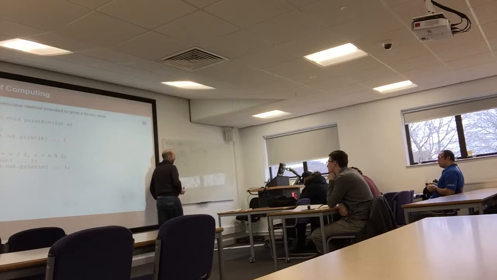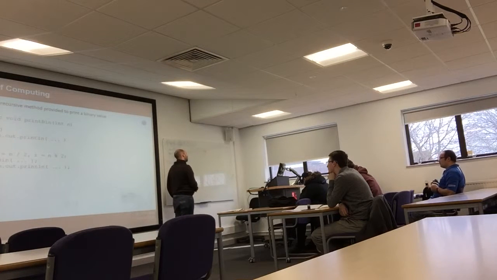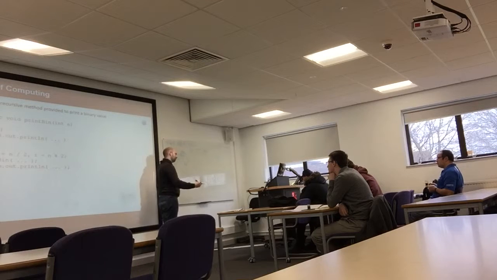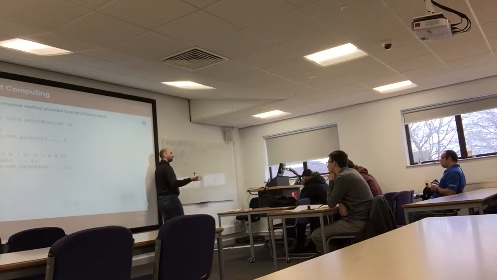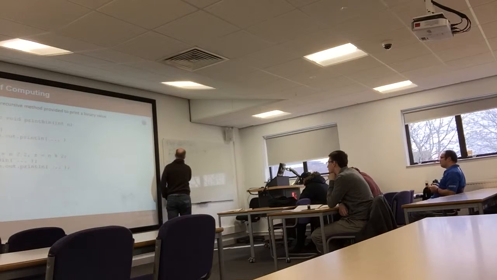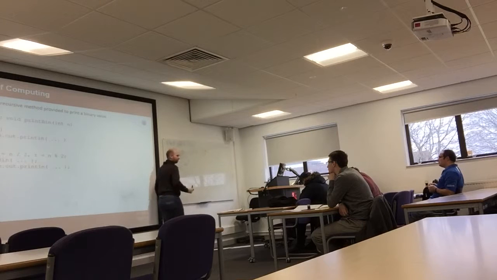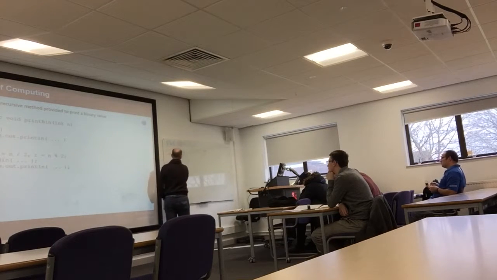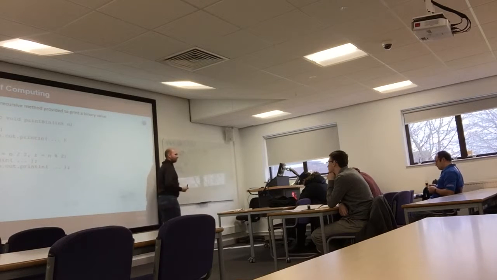If n is less than 2, we go into the first bit. In this case it's not, so we go into our else again. We compute m to be 2 divided by 2, which gives us 1, and we compute r to be 2 modulus 2, which is 0.